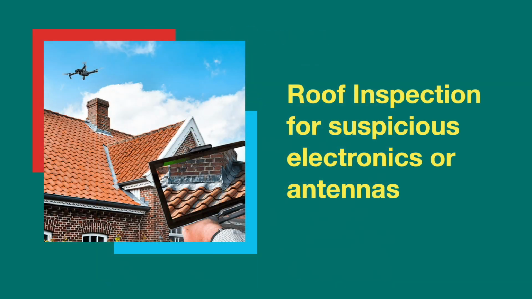And then we have the roof inspection for suspicious electronics or suspicious antennas, for example. We use drones to check the roof of buildings where the customer is located. This is quite a tricky service, since you need to identify exactly whether a device or antenna on the roof is legitimate or not.